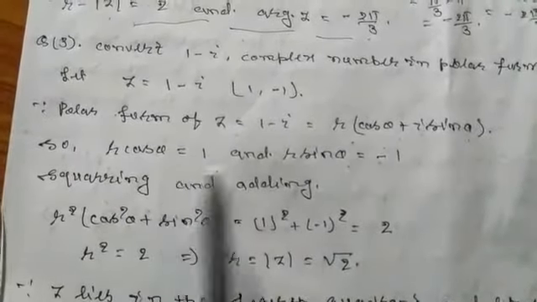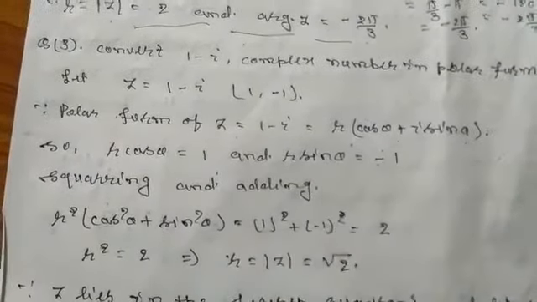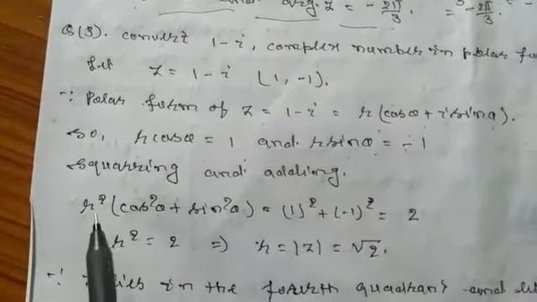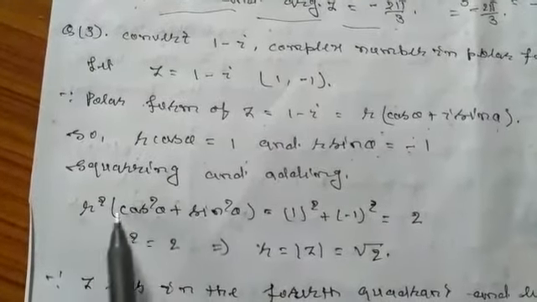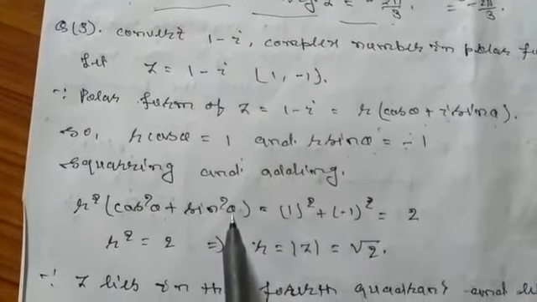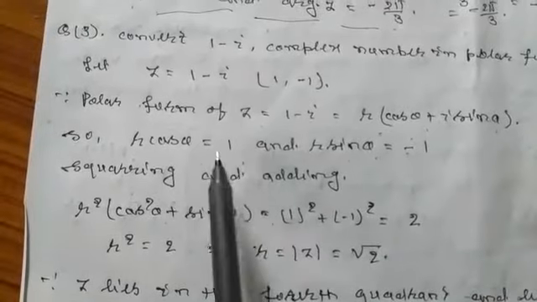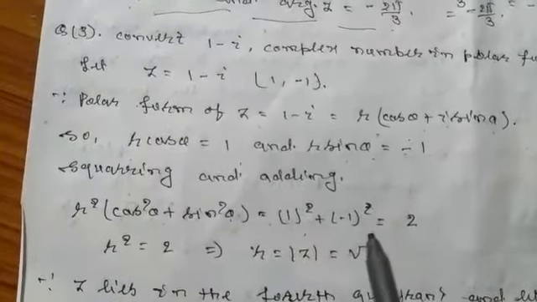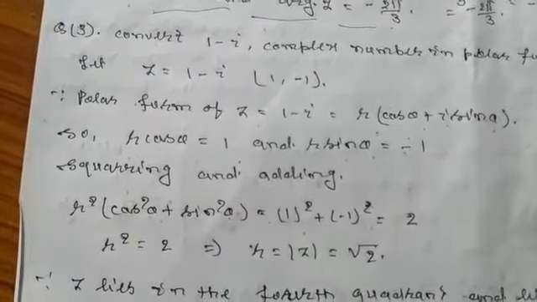Now squaring and adding these two equations, we have r square into cos square theta plus sin square theta equals 1 square plus (minus 1) square, that is equal to 2.